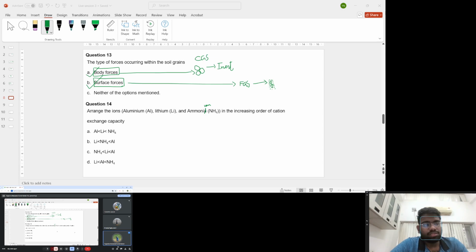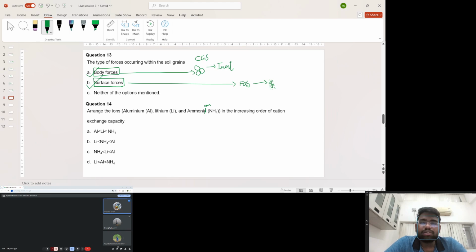First primary property is free electrons, the charge. What is it known as? Positive charge, which are ready to lose. It is valency, right? So what is the valency of aluminum?